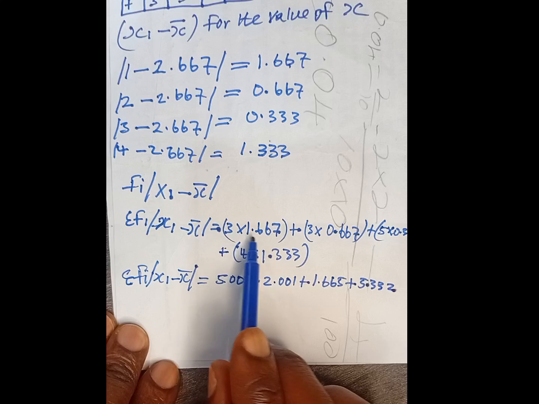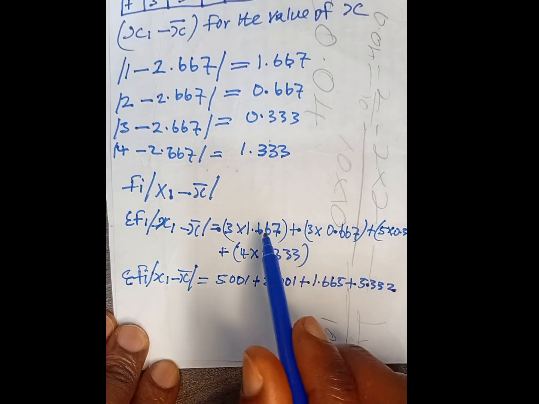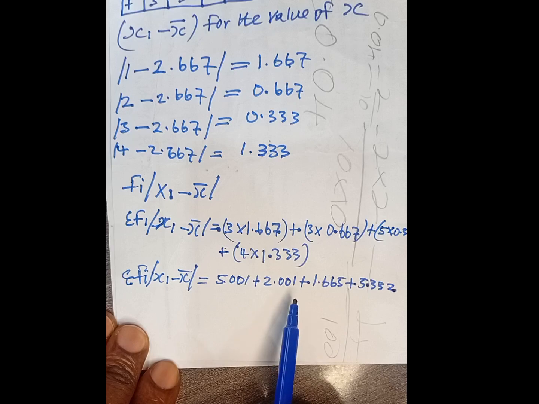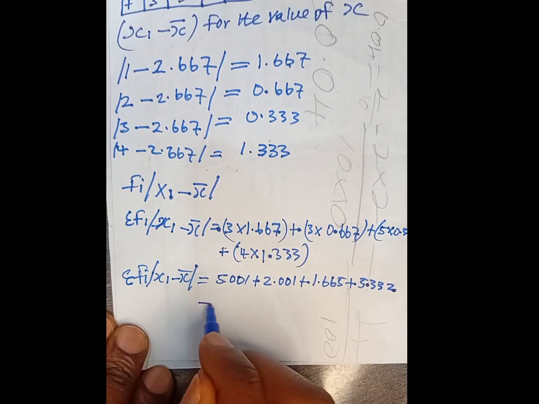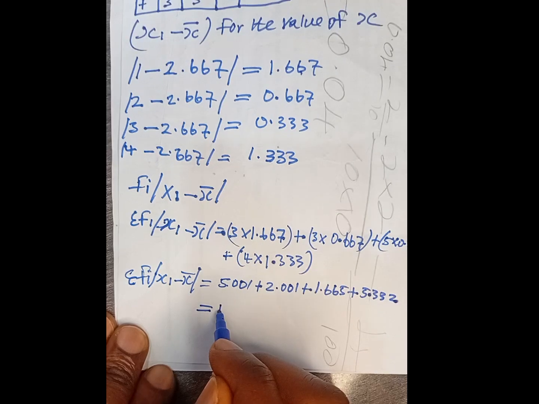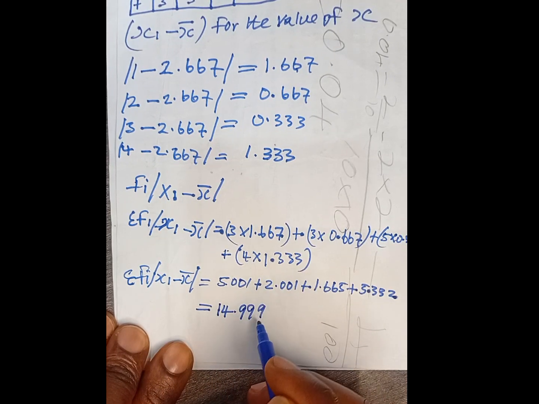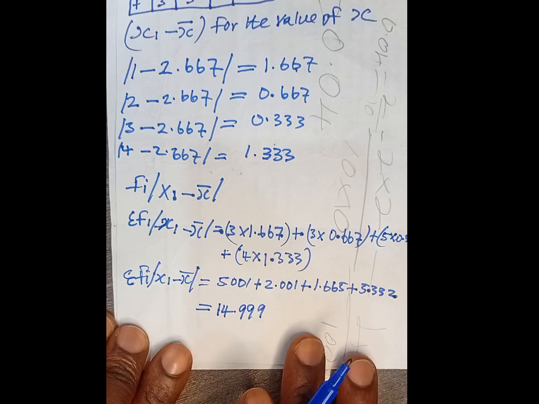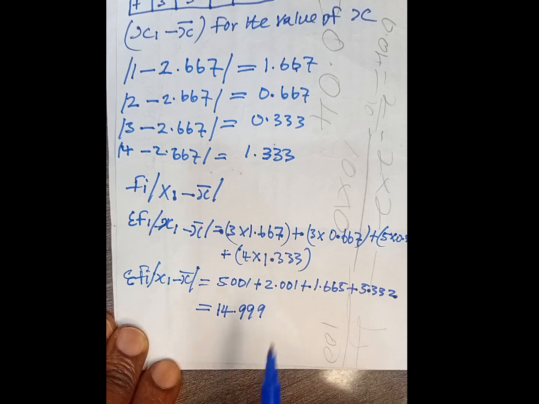If you multiply them together and add all these values, it gives us 14.999, the sum of all the frequencies times the absolute deviations.